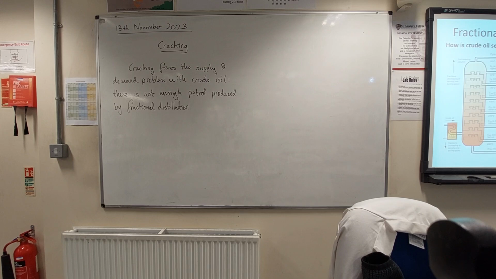Okay, so let's just have a reminder. What is it about the fractions that means some come up here because they have low boiling points and some down here with high boiling points? What is it that determines the boiling point of a hydrocarbon?